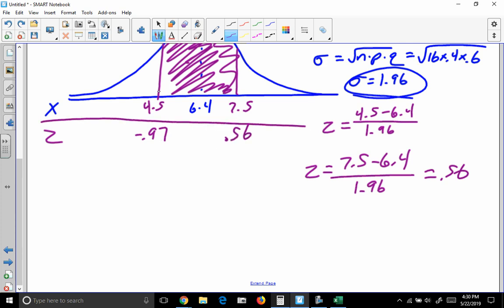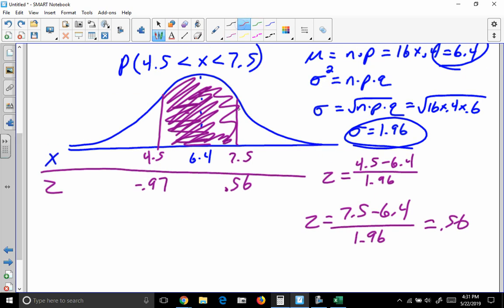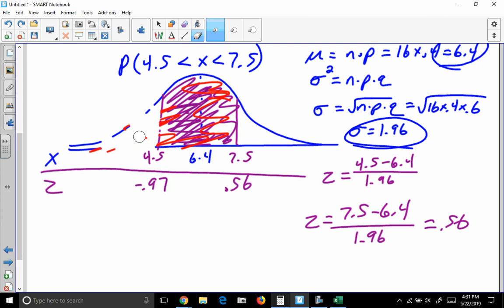So now that we have the z values between which our area lies, we can find our area. If we look up 0.56, remember that tells us all of the area to the left of 0.56. And then if we look up negative 0.97, that tells us how much extra is included. So we just subtract those.